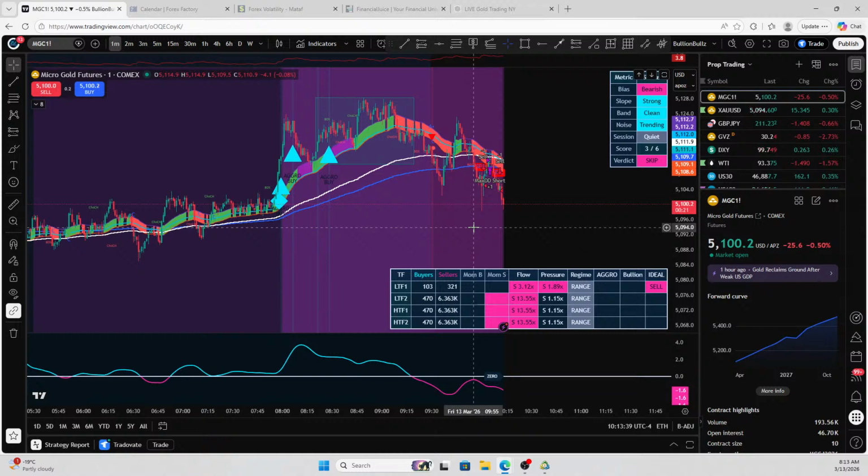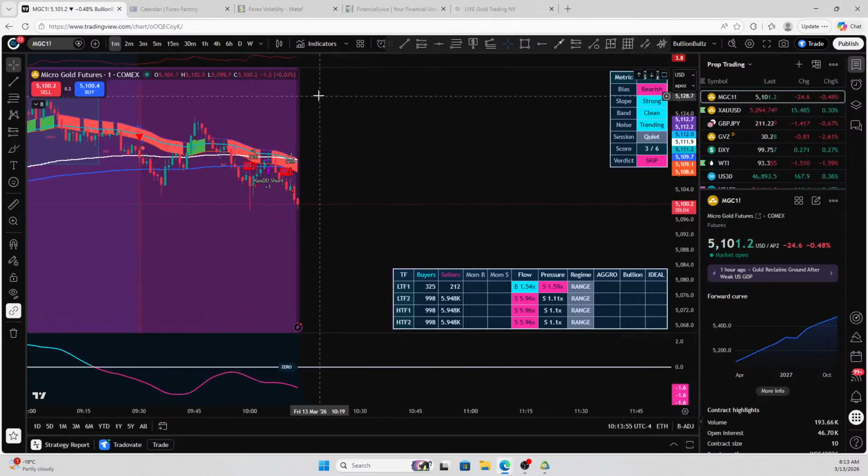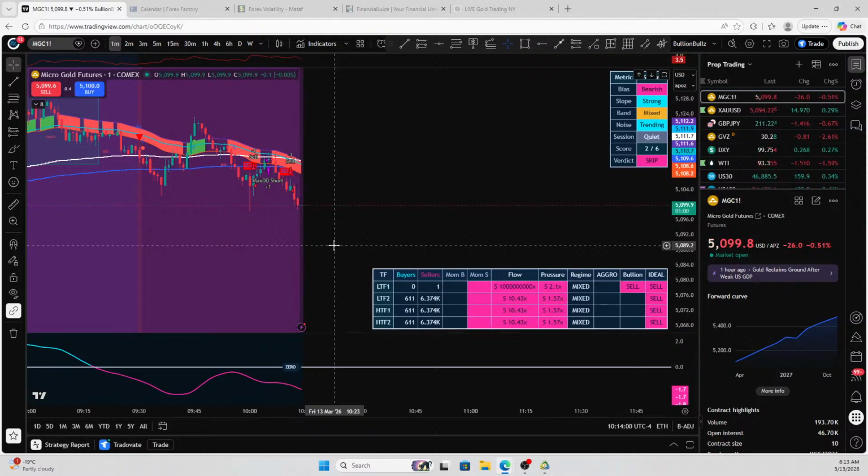I wouldn't be trading low probability setups. A lot of the times what happens is we might see price drop and then bounce back up. So we're just gonna wait for now.